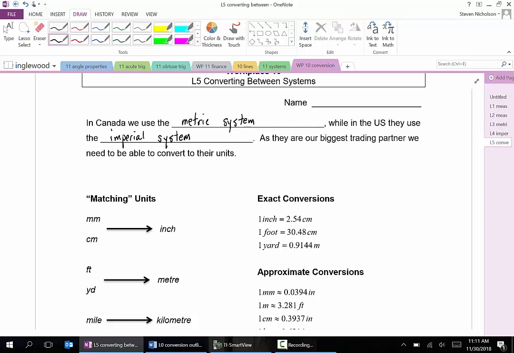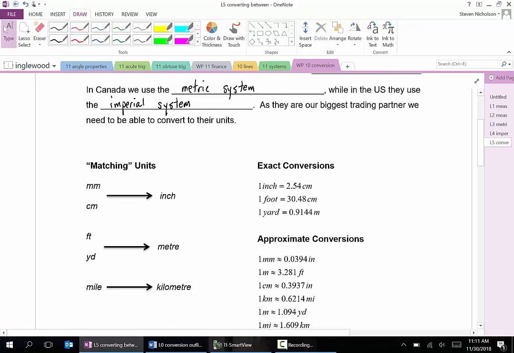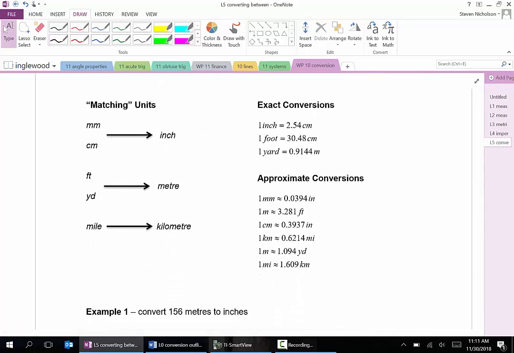And their language is feet and inches and pounds and things like that. So you're going to have to be able to convert what you know into what they know. So there's two things that are important today. This idea of matching units. So if we're going to go from metric to imperial or vice versa, there's a basic rule of thumb.